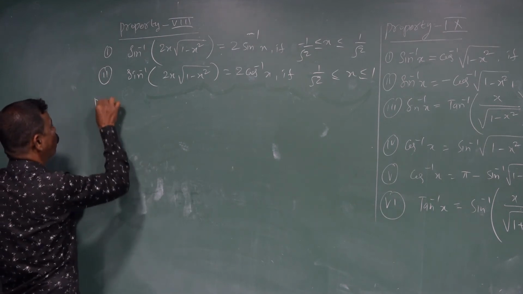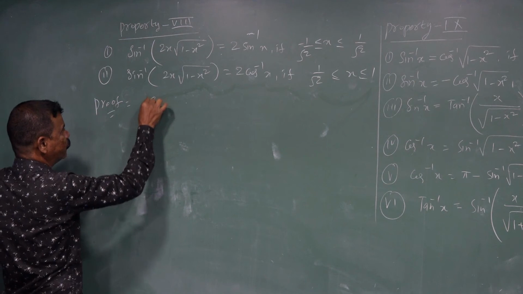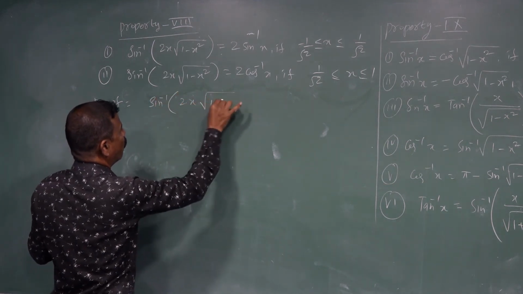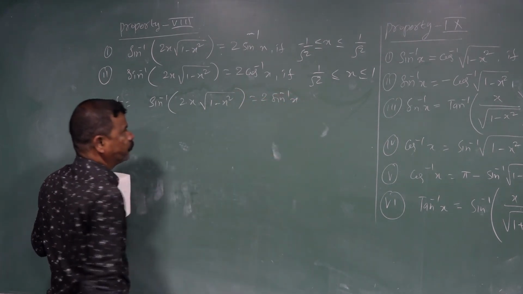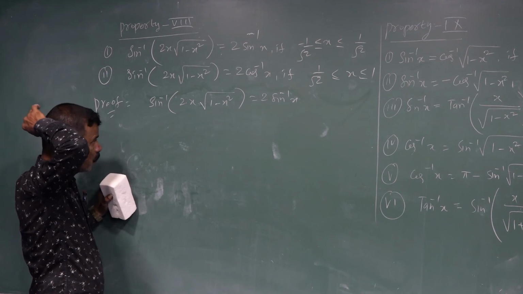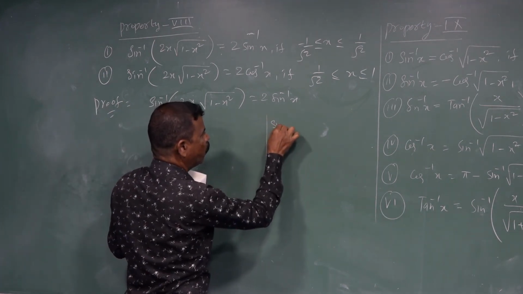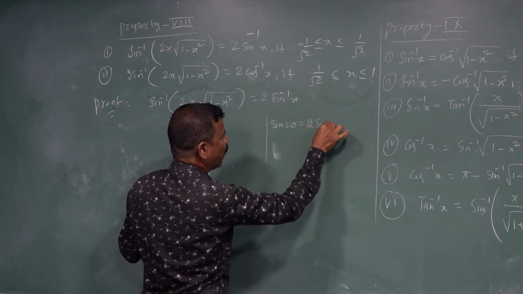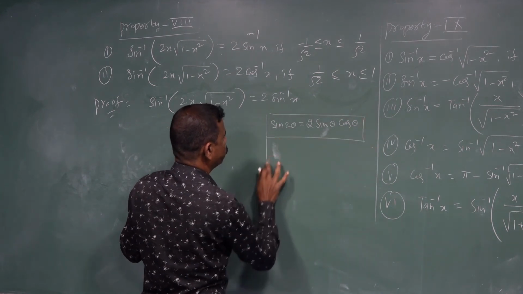So first, the proof: sin inverse of 2x under root of 1 minus x square is equal to 2 sin inverse x. We prove this. Here the important formula is sin 2 theta equal to 2 sin theta cos theta.